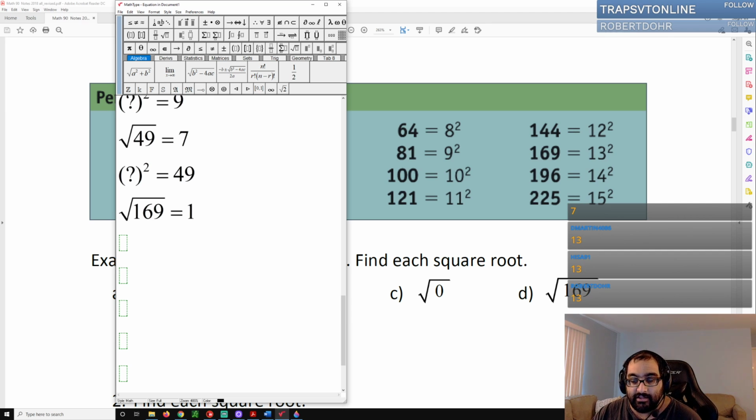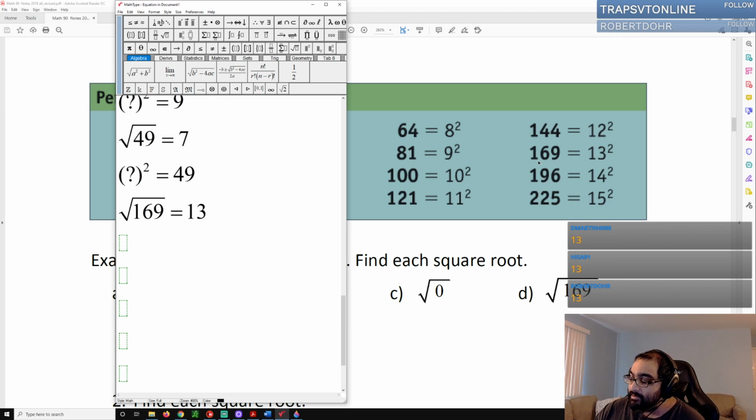Yeah, that's right, 13. So as we can see here, 13 squared is equal to 169. So that number squared being 169, that'll be 13 in this instance.